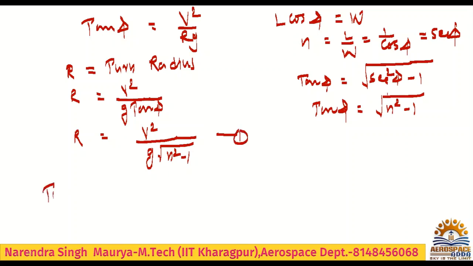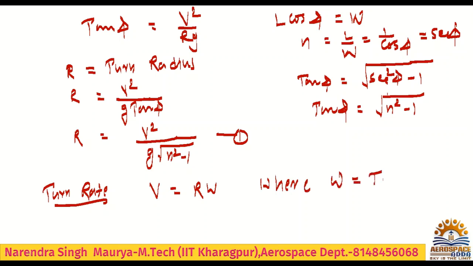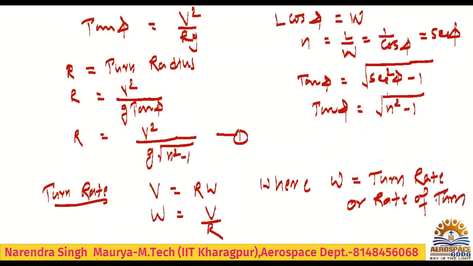What is the turn rate? Because that also you have to write. Basically v is equal to r omega, you need to remember the formula, where omega is turn rate or rate of turn. So omega is v by r.